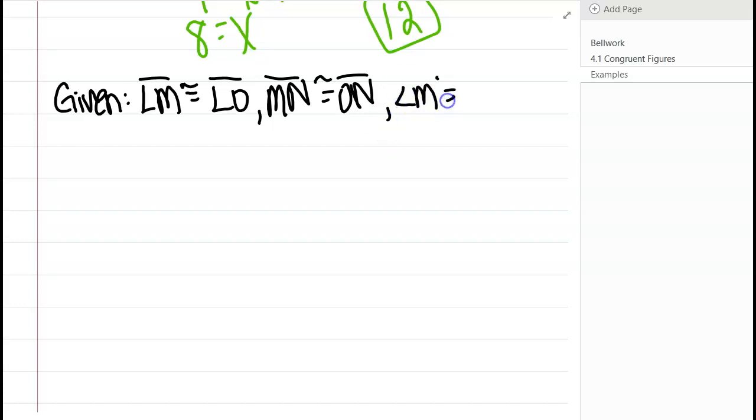Angle M is congruent to angle O, and angle MLN is congruent to angle OLN.